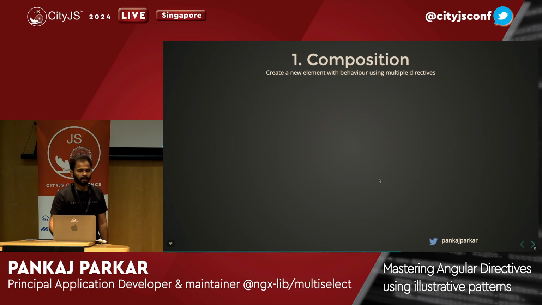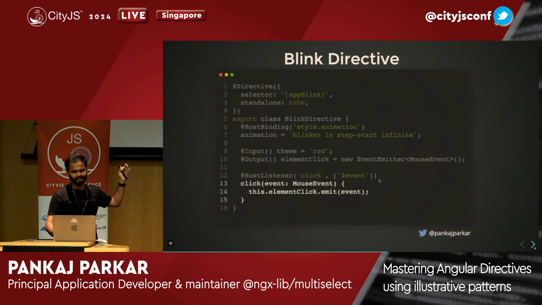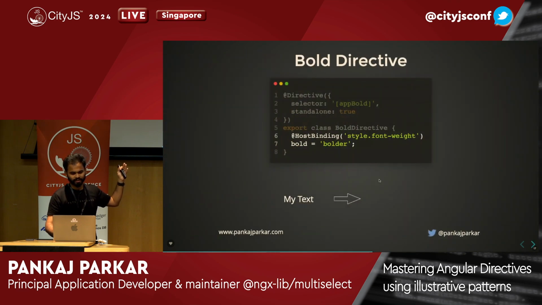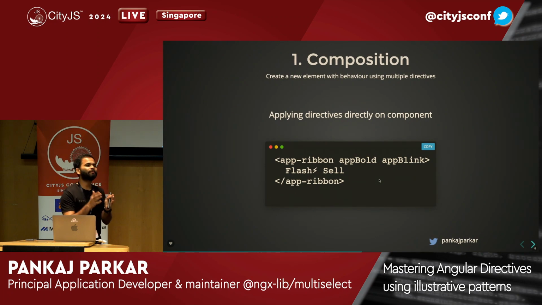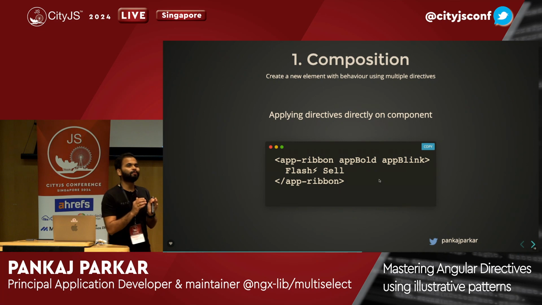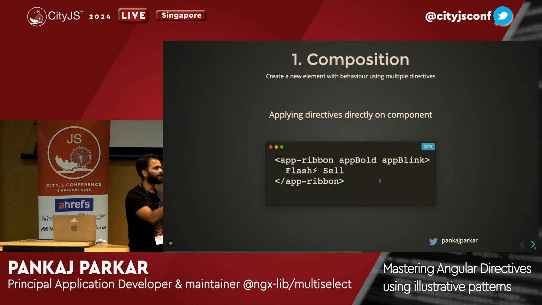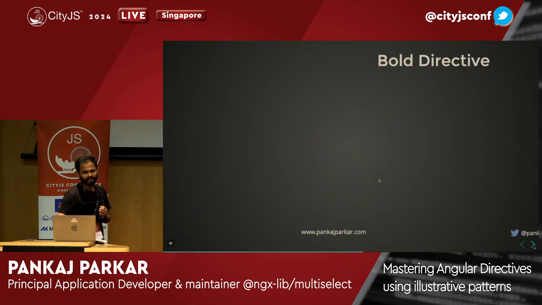Okay, next thing, for this composition API, let me go back to the earlier slide. Now think about this. If you want this behavior applied to the app ribbon component multiple times, what may you end up doing? You have to specify these two directives multiple times on that element, and that is not a good way to do it.